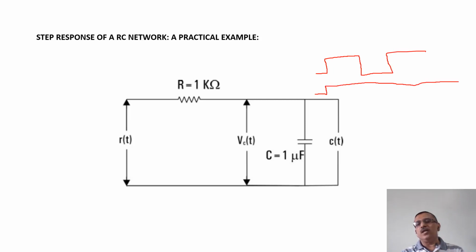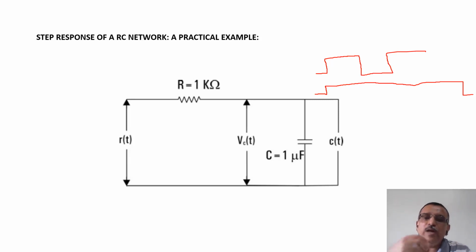Maybe after you sleep, it will go low. So in the lab, you will get a step from a square wave. If the frequency is very low, say 10 hertz, then the time period will be 1 by 10, 100 milliseconds.